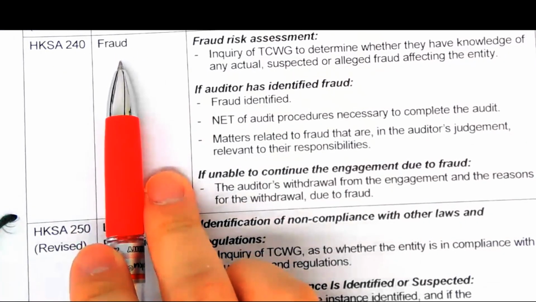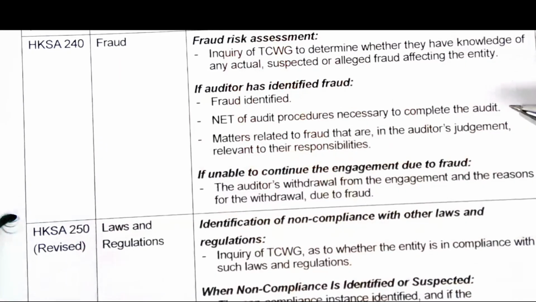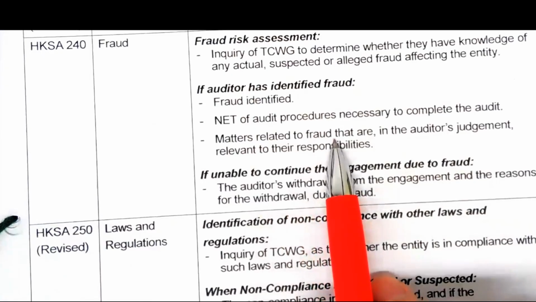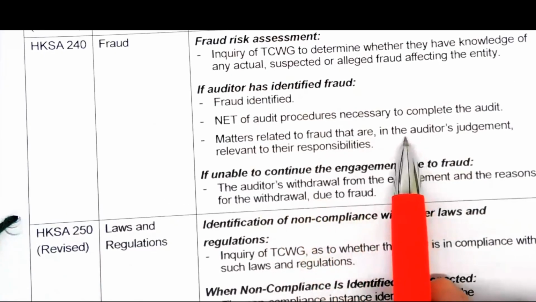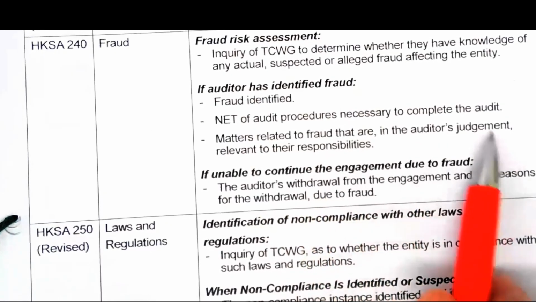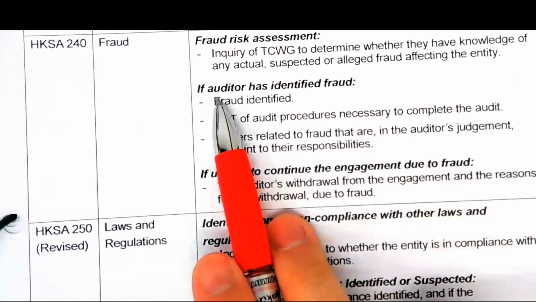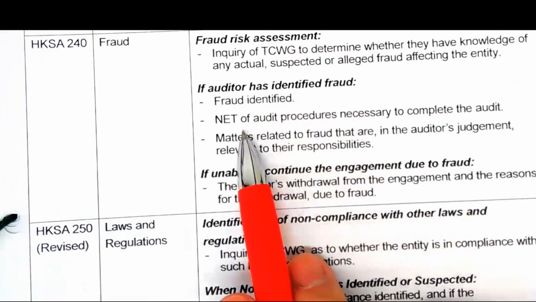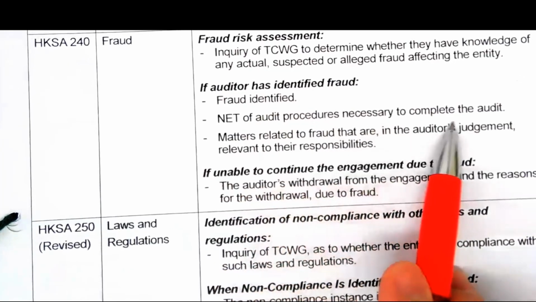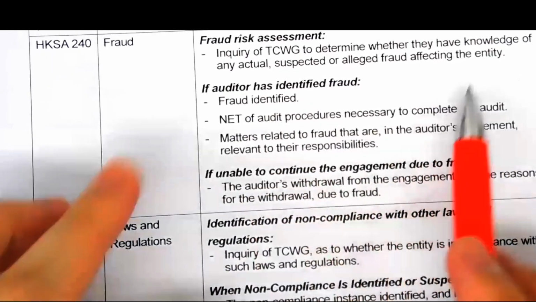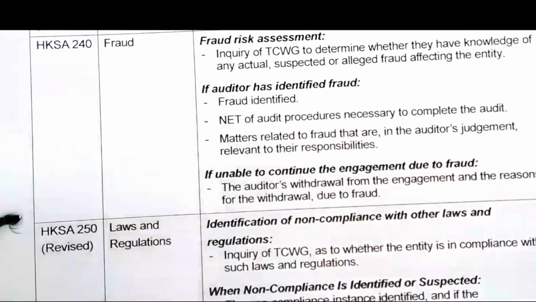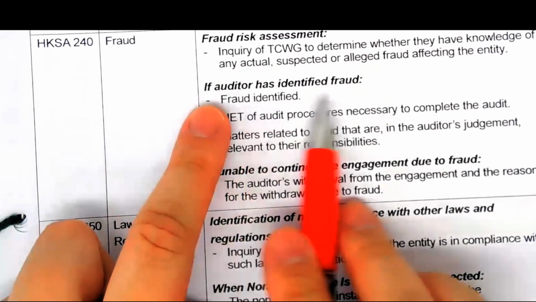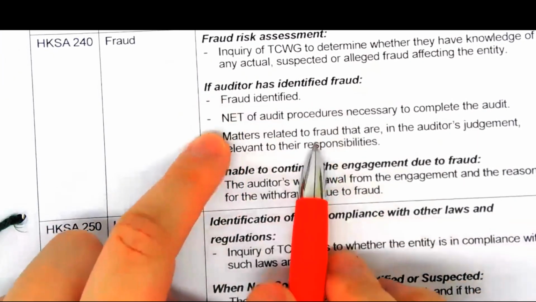And remember, if you discover a matter related to fraud that is in the auditor's judgment relevant to their responsibility, if auditors have identified fraud, okay, fraud identified, the nature of auditor procedures necessary to complete the audit. These are the matters that you need to communicate with those charged with governance if you identified a fraud.